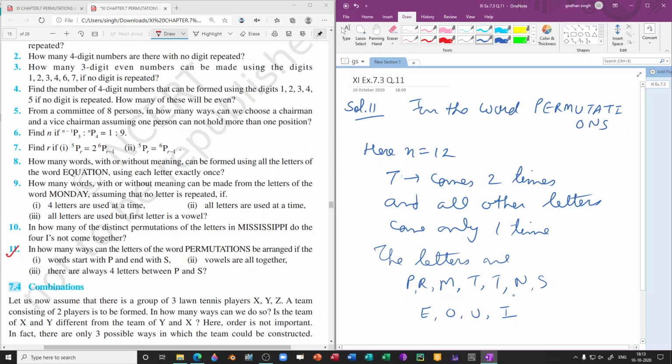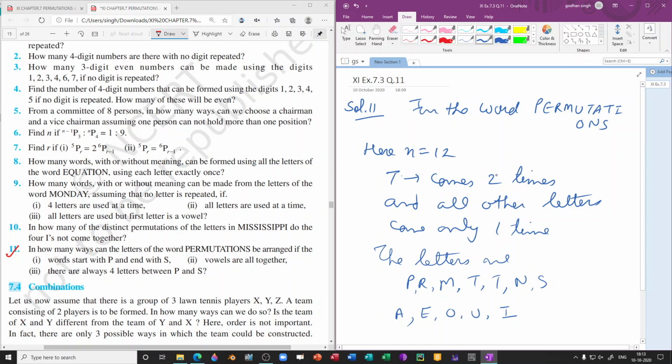So let us check it out. They are total 12 or not. 1, 2, 3, 4, 5, 6, 7, 8, 9, 10, 11. So this is 11 only, and A, U, A, I, O. So A is also there. We will write A here.